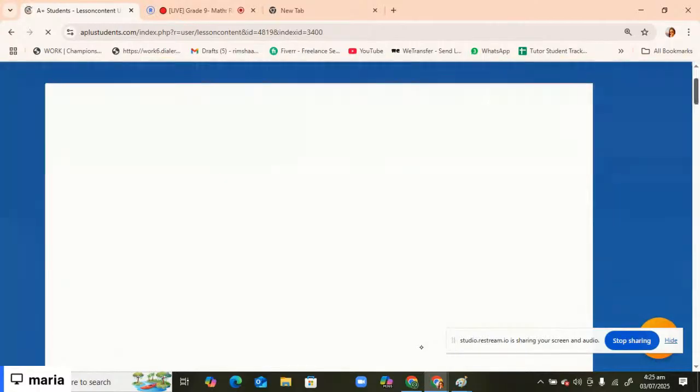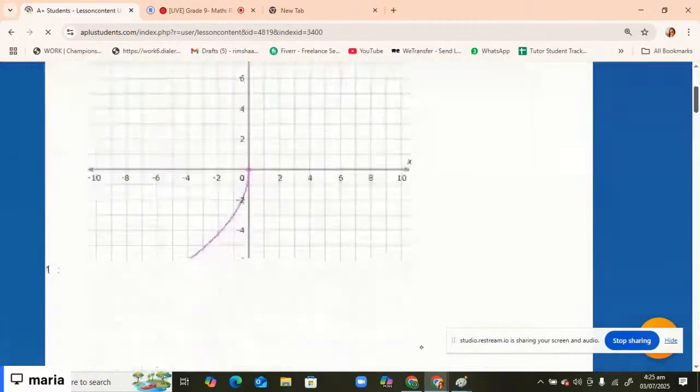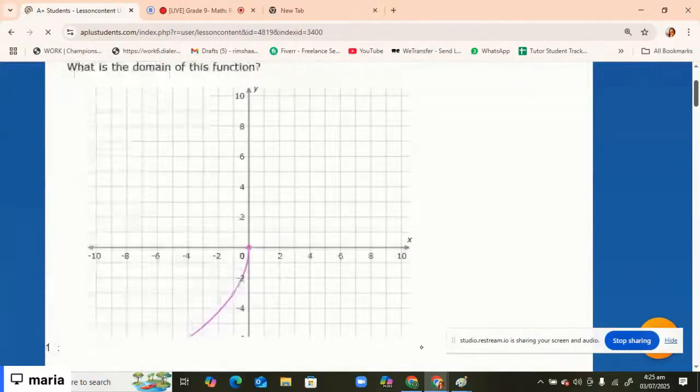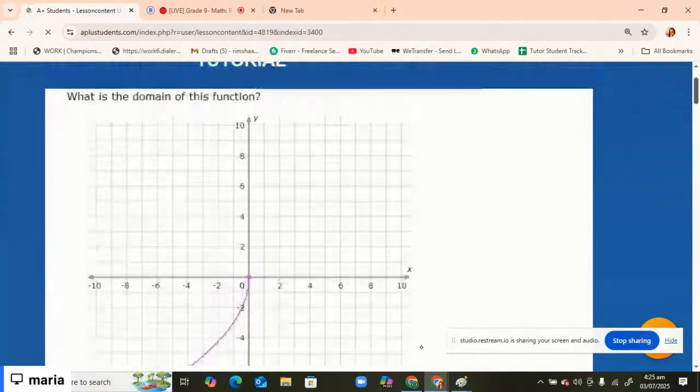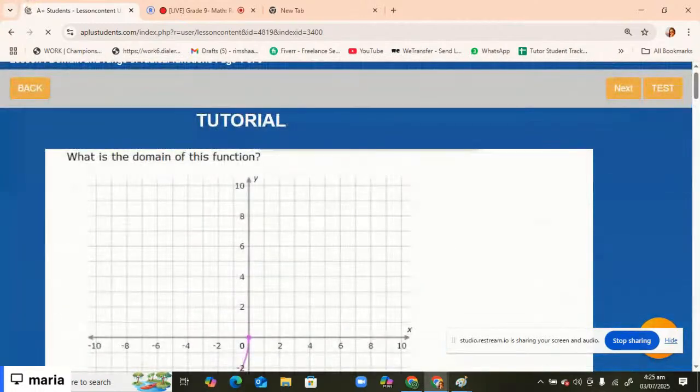So first of all, I'm going to tell you what the domain and range are. Domain is all x and range is all the values of y. When they are talking about radical functions, how can we find the domain and range?